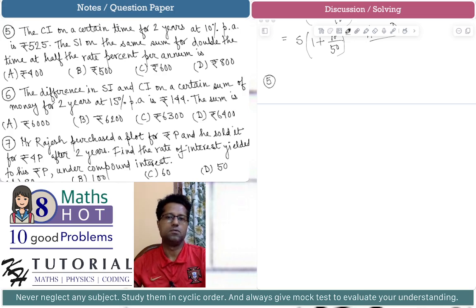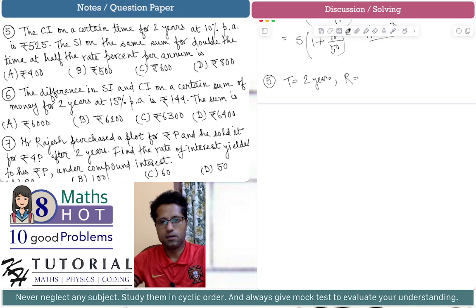So from the compound interest computation, for the compound interest we have T equal to 2 years, and the rate of interest per annum is given to be 10% per annum.